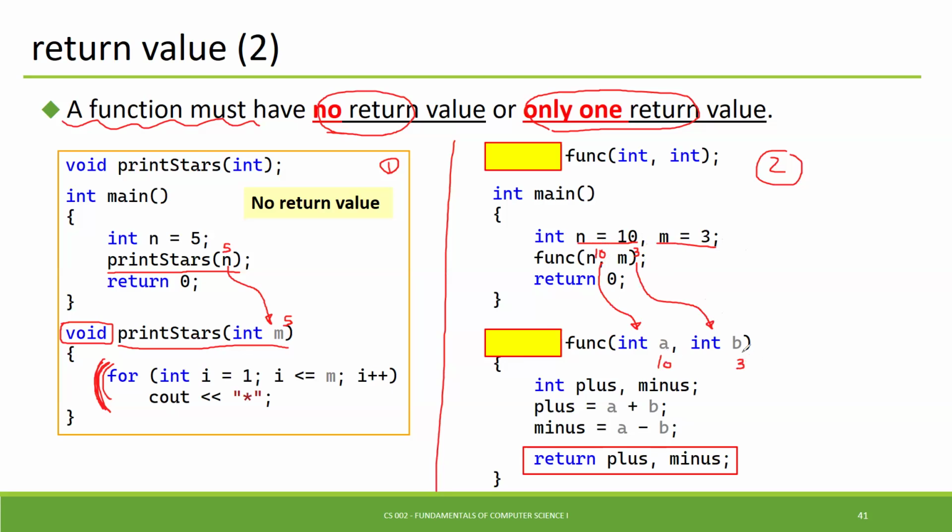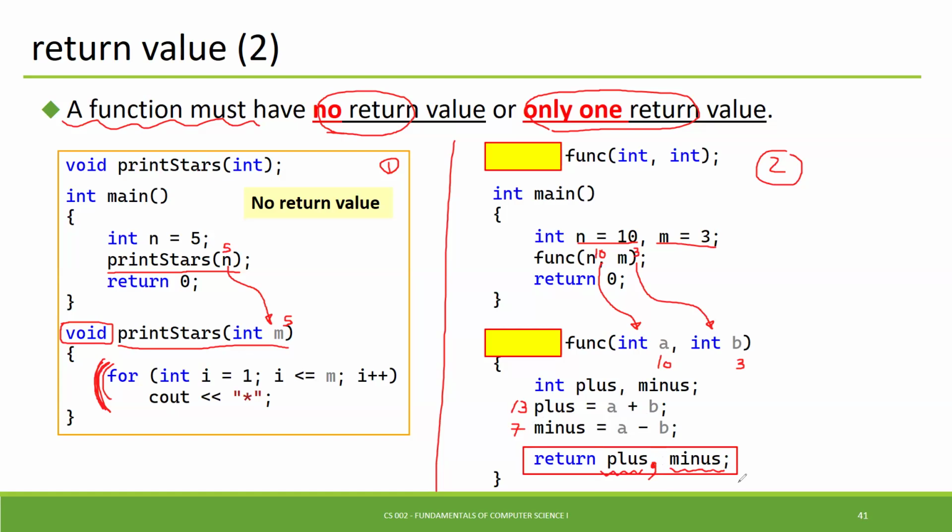In the function, I have plus and minus variables, and plus has 13, add A and B. Minus is 7, 10 minus 3. And look at this one. I return plus, minus. I want to return 2 data. So I return plus, and with a comma another variable. I think you understand my intention. My intention is returning 2 data.